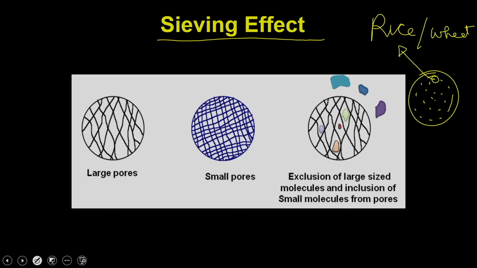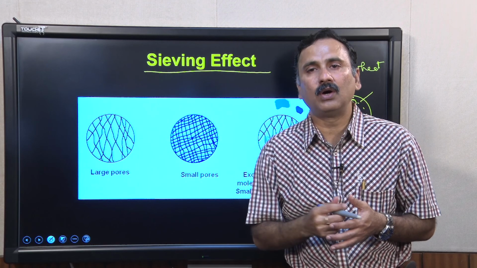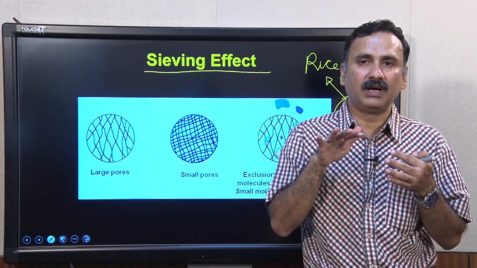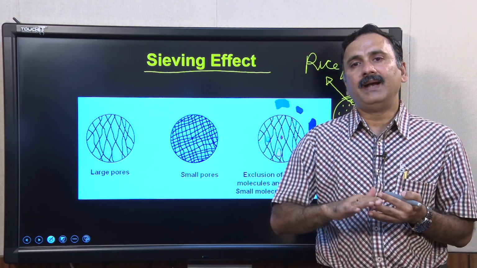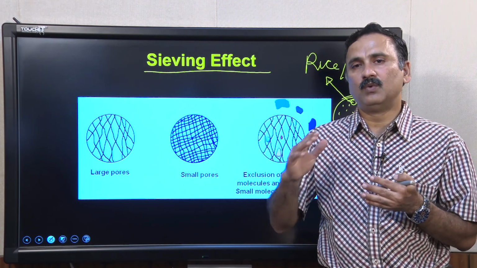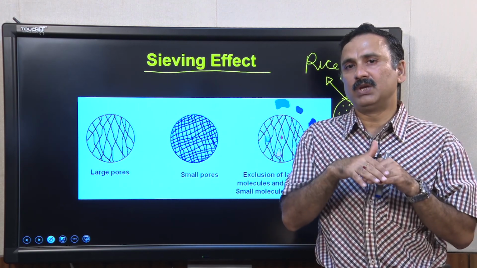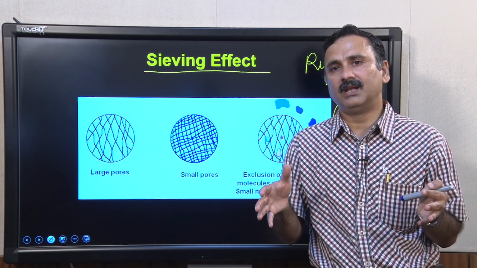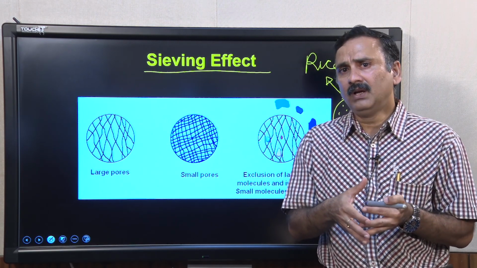Once I sieve, the wheat will remain on the sieve, and the rice will pass through the pores and be collected in the lower chamber, and the wheat will be collected in the top chamber. That is the way you separate two things which are different in size.